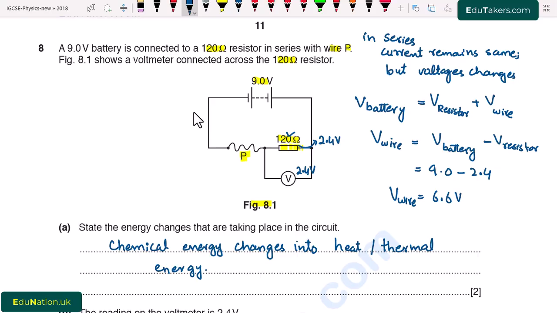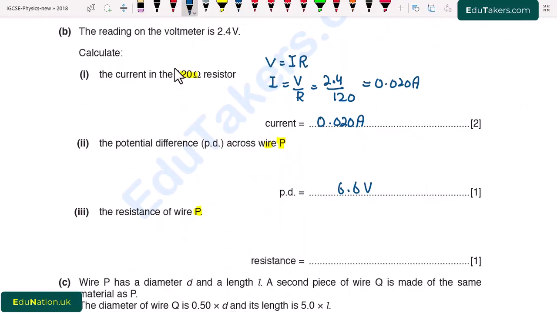It means that the current passing through the 120 ohm resistor is the same as the current passing through wire P. So again using Ohm's law, V is equal to IR and R is equal to V over I. The potential difference across wire P that we already calculated is 6.6, divided by the current across the 120 ohm resistor, whose value is equal to the current across wire P, 0.020.